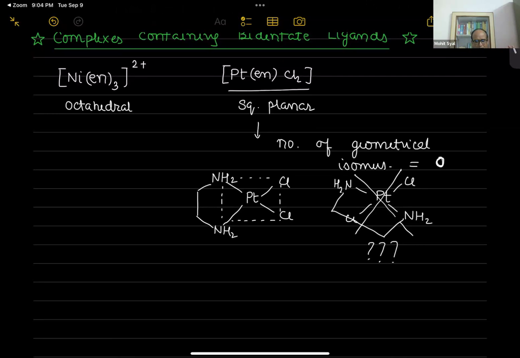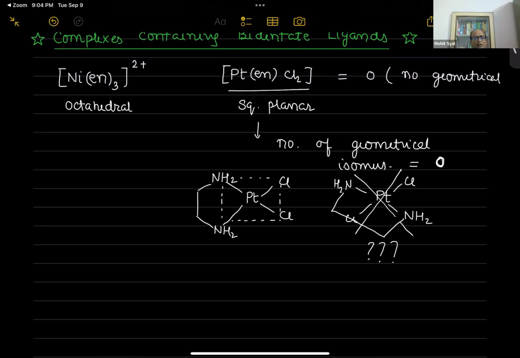Theoretically, we have made it, but practically, when you look at the arrangements, you will realize that it is not possible. So 0. No geometrical isomerism is possible.